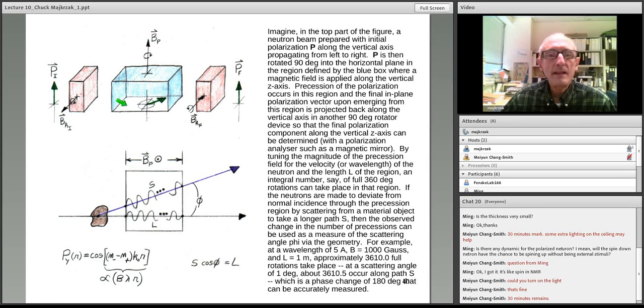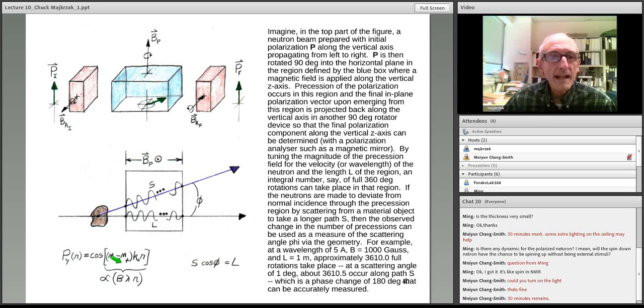So here's a means of using this rotation across this distance in this fixed uniform field as a gauge, as a measuring device. In other words, the number of rotations that occur, the number of precessions within this region, depend on the thickness or length of the region, the magnitude of the field, and the velocity, the speed that the neutron has in traversing that distance.